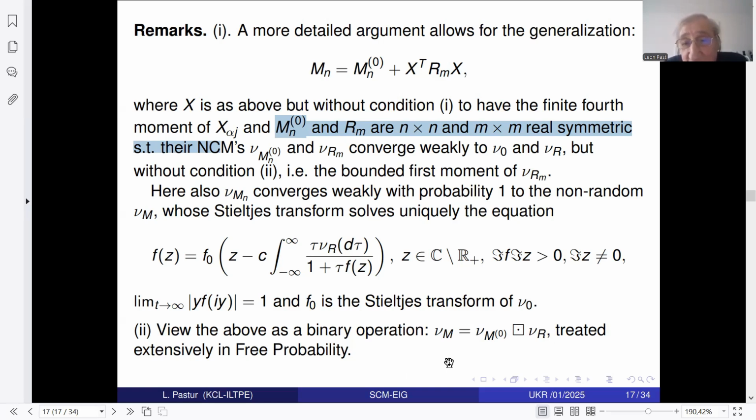You can study this operation, and there are several contexts for this. This point of view is quite useful and efficient, and this branch of functional analysis is now called free probability.